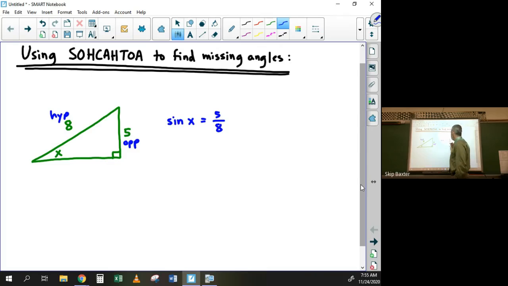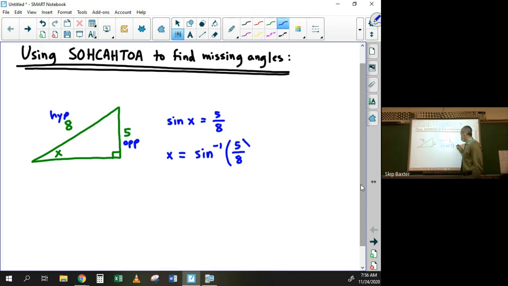So the only difference in these problems is instead of the variable being in the fraction over here, the variable is actually the angle. So to solve this, the notation is, you would say x is sine with a superscript -1 of 5/8.